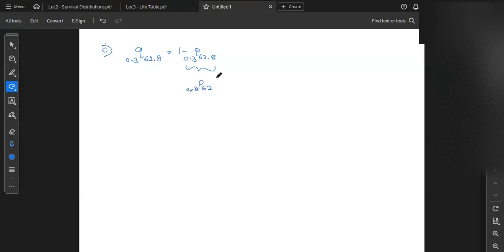I'm just thinking about this age in this way, and I need you to think about this problem in the same thinking pattern. That's why I'm decoding it into different parts. So this person has survived up to 62.8 years, which means this person was alive at 62 and survived for 0.8 more years.